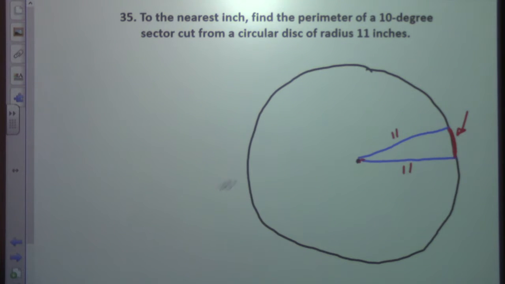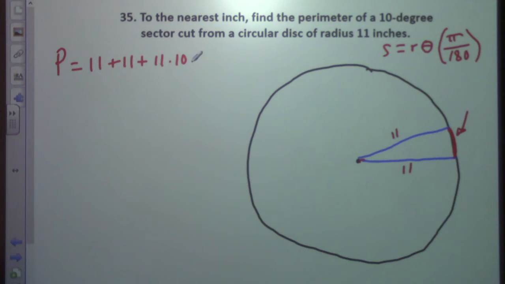So the arc length formula. Perimeter is going to be equal to 11 plus 11 plus, how do we find the arc length? S is equal to R theta, but we're in degrees, so what do we do to adjust for degrees? We multiply by pi over 180. So plus 11 times 10 times pi over 180.